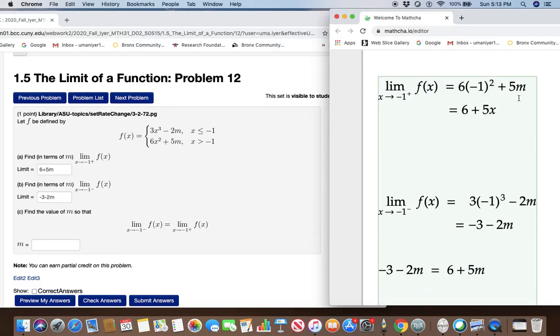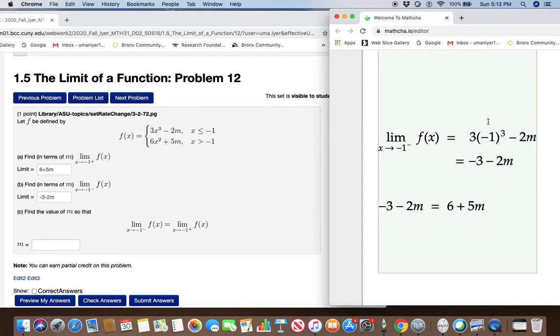I'm sorry, this should be an m, not x. Let me move the -2m over, and the 6 here: -3 minus 6 equals 2m plus 5m. -9 equals 7m.